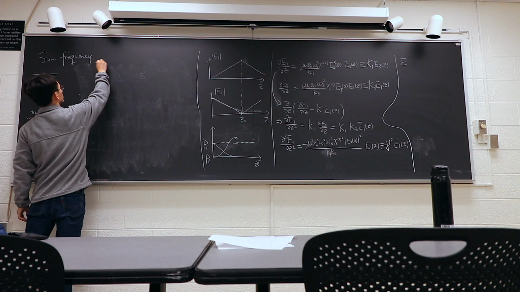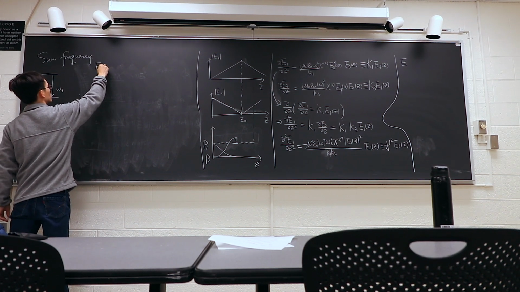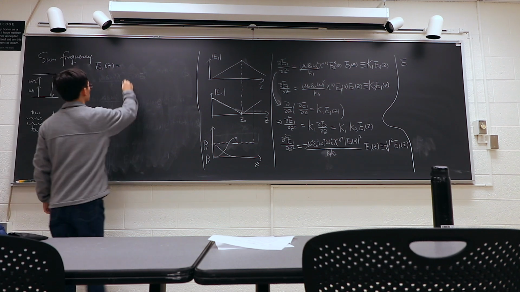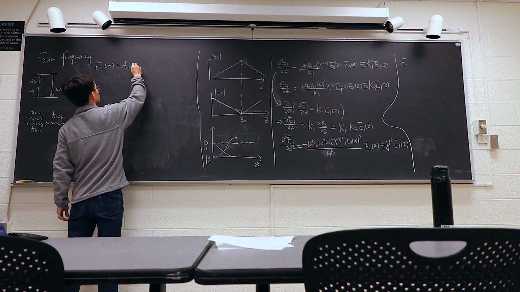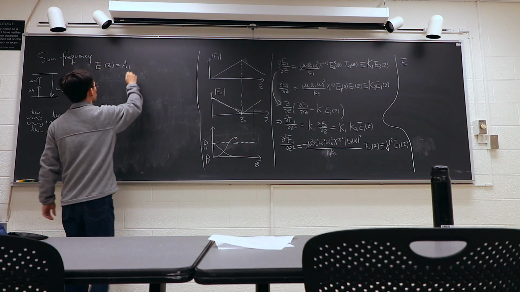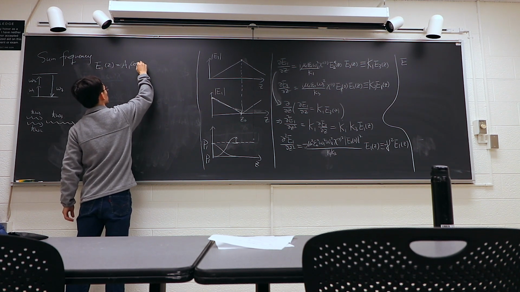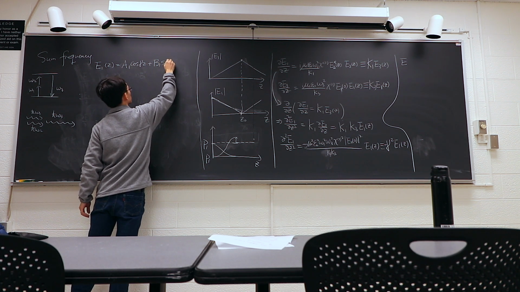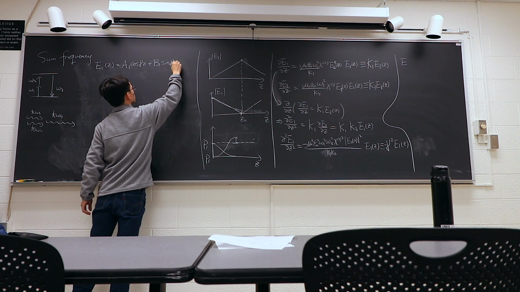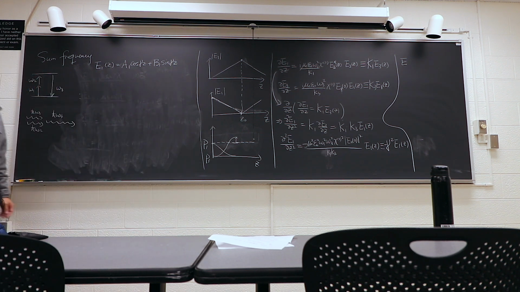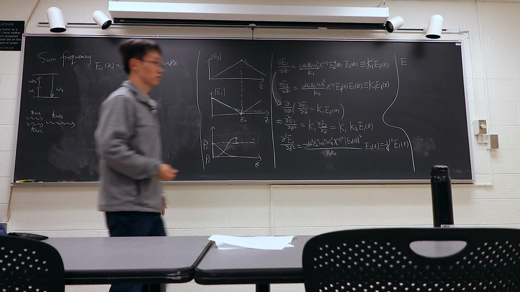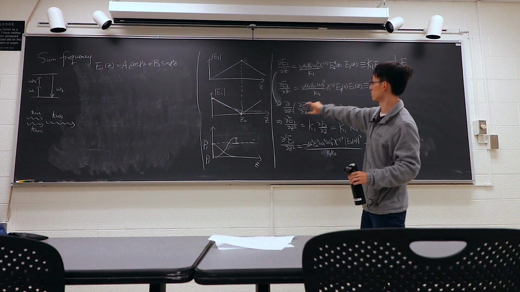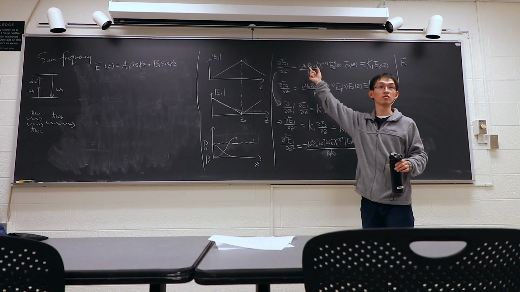Here we have E1, let's say A1 cosine Z plus B1 sine Z.